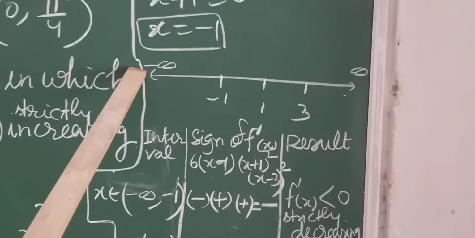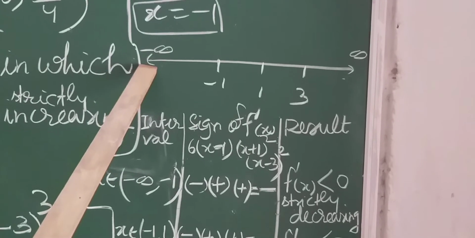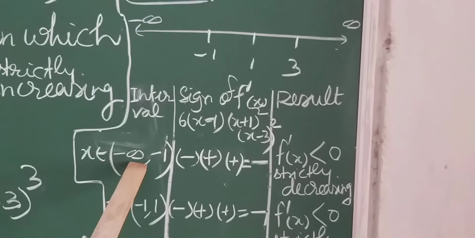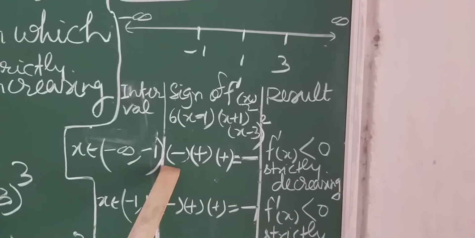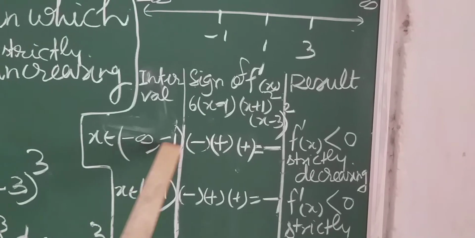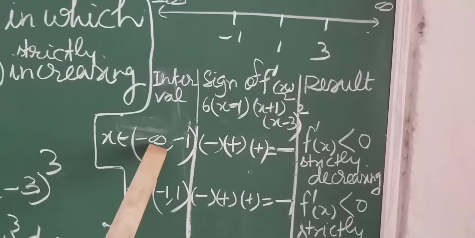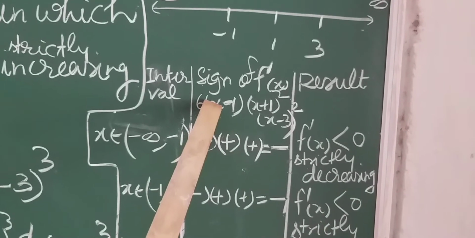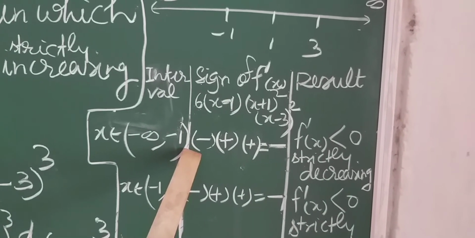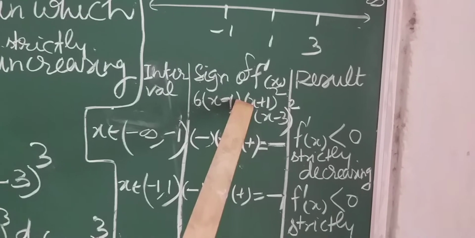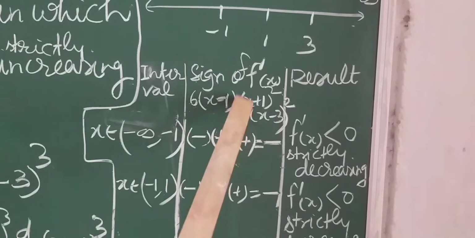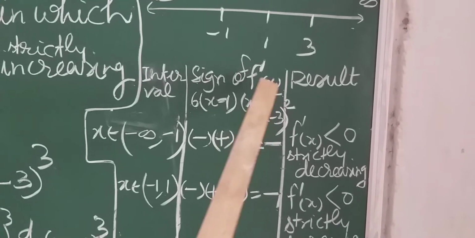So let us take the first interval, minus infinity to minus 1. So I have written here x belongs to minus infinity to minus 1. Let us check the sign. Let us take any value lying between them. I have taken minus 2. So when you put minus 2 here, it is negative. So negative sign. When you put minus 2 here, minus 1 will remain, minus 1 whole square, plus.